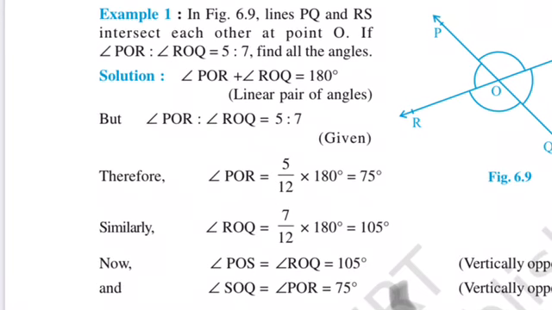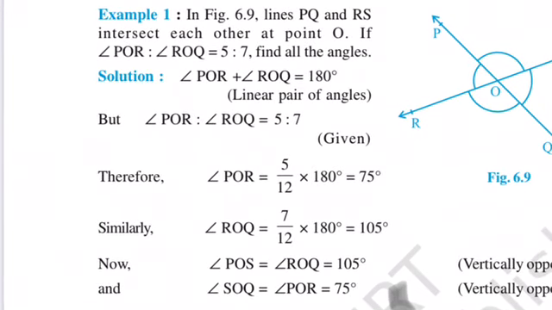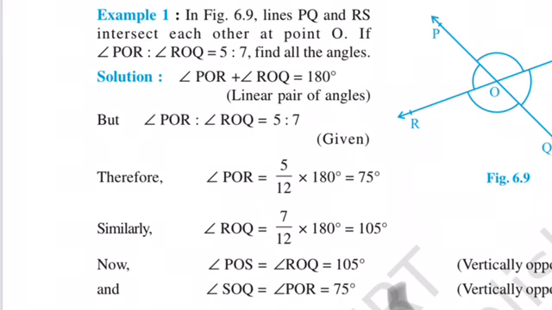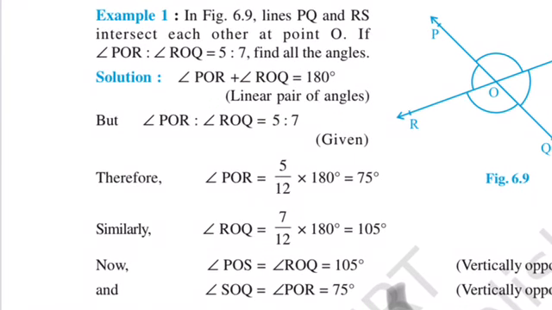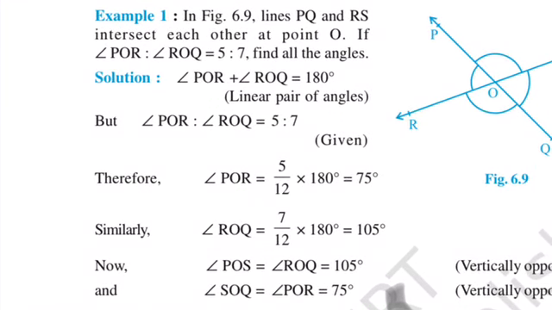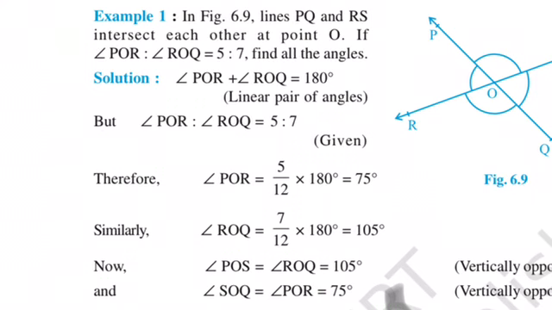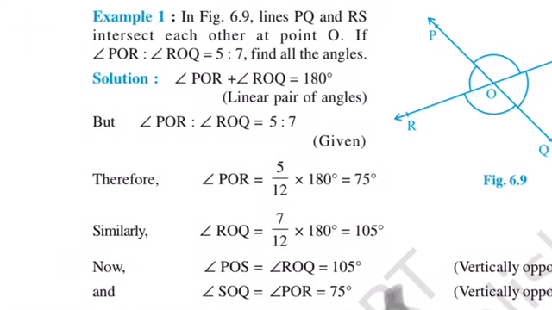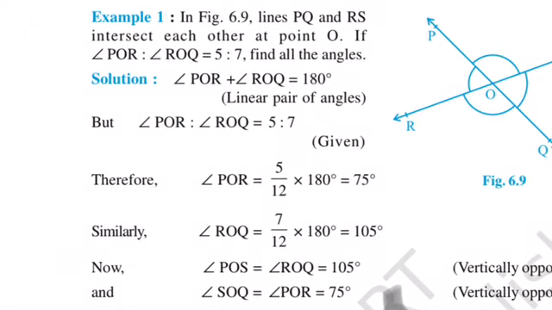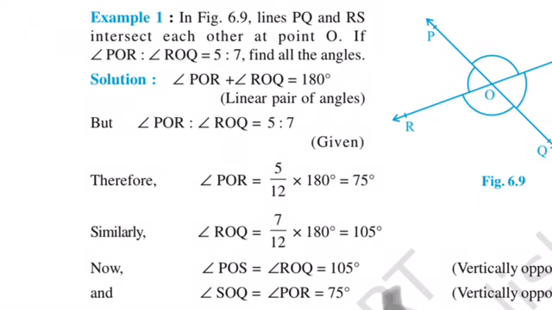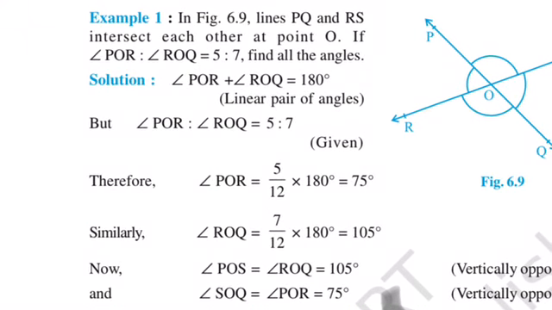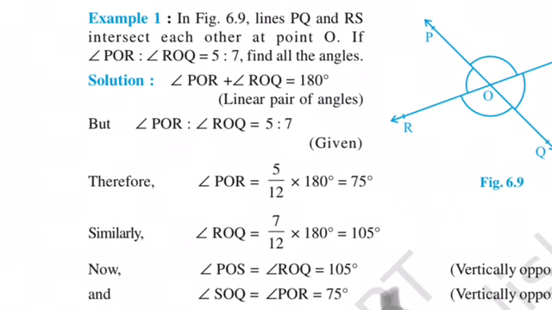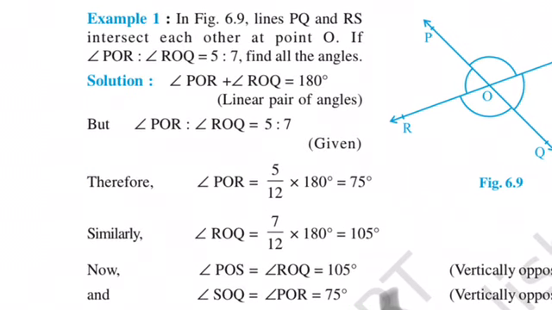So in today's class we are going to discuss our examples from lesson number 6. This is your class 9th mathematics, and here your chapter number 6 is going on, and chapter number 6 is what?